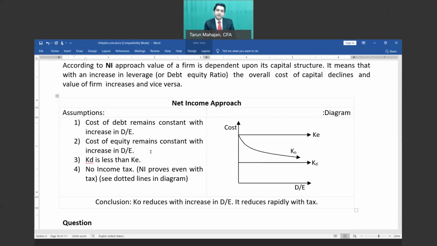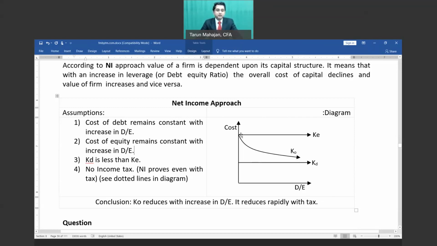So if I increase the proportion of debt in my capital structure, then the overall cost of capital will keep reducing, because the cheaper source has got more weightage in the capital structure now.